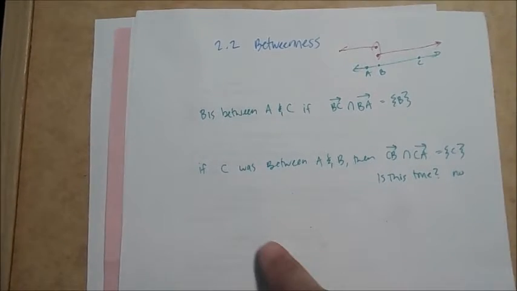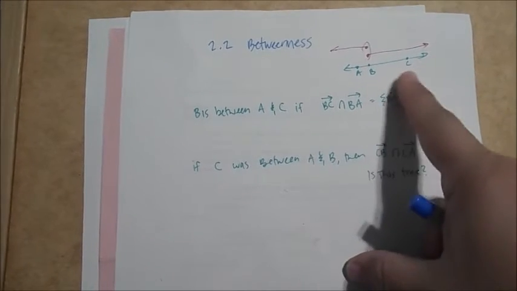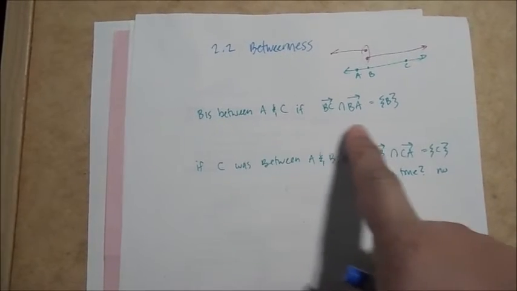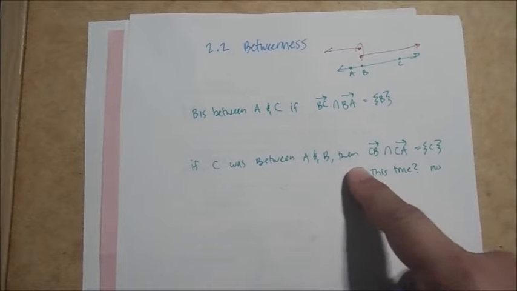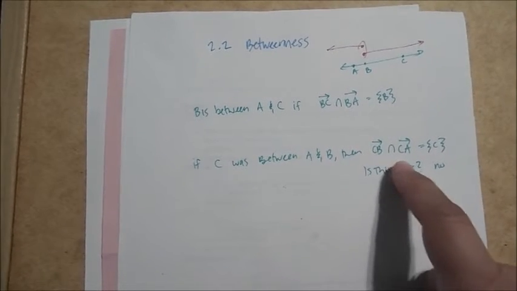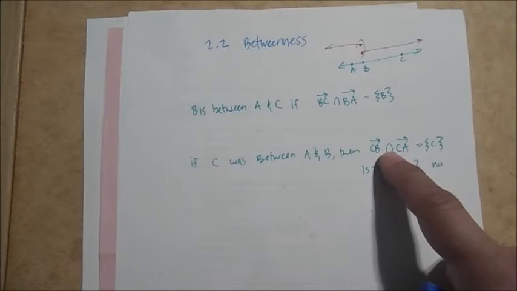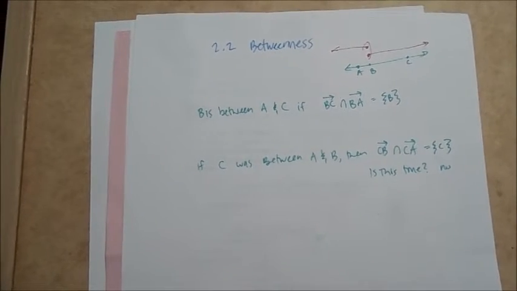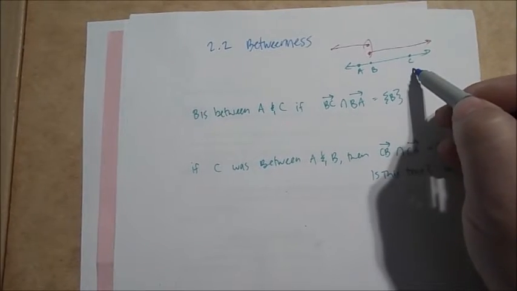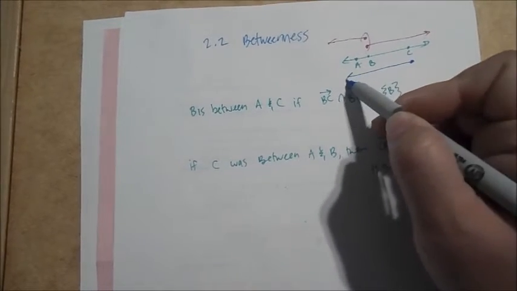It says if C was between A and B, which we know it's not, but if it was, let's put all these things into our definition pattern and see if it works. If C was in between A and B, then you would say ray CB and ray CA's intersection would be C. Now ray CB is this one.